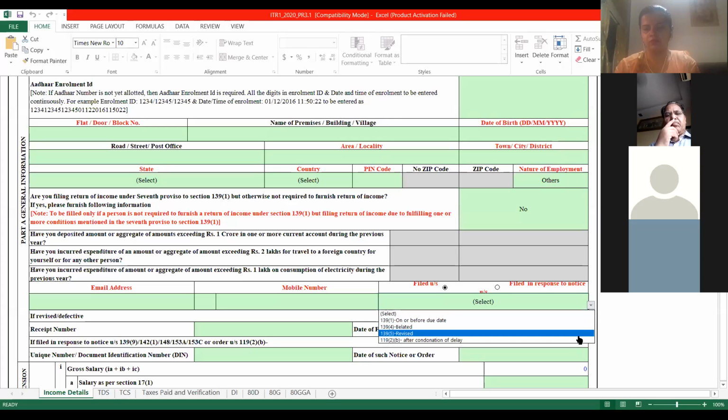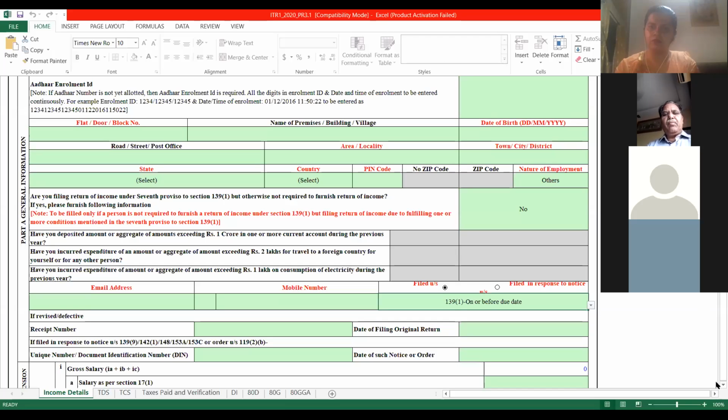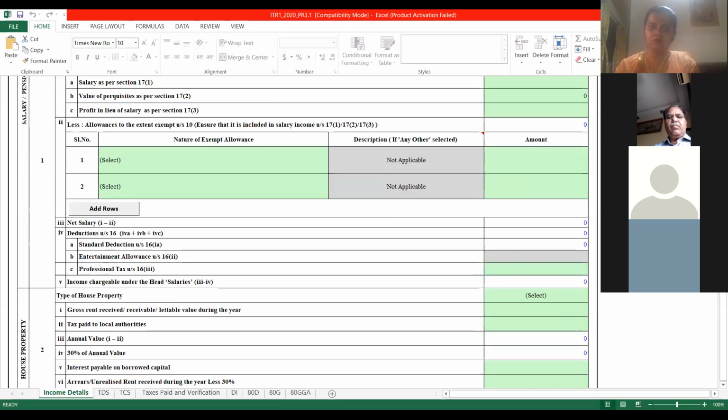And if it is a revised return, say for example, previously I filed the return, but there was some mistake in that, and I wish to file the return again to rectify my mistakes myself, then in that case I can file the revised return. So I have three options, but generally it is 139.1. Then moving ahead.